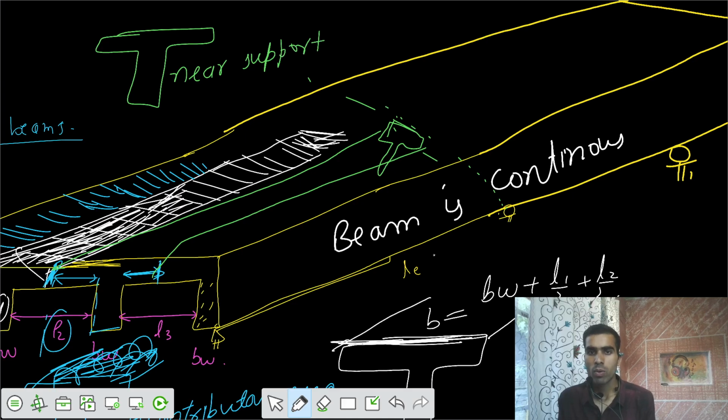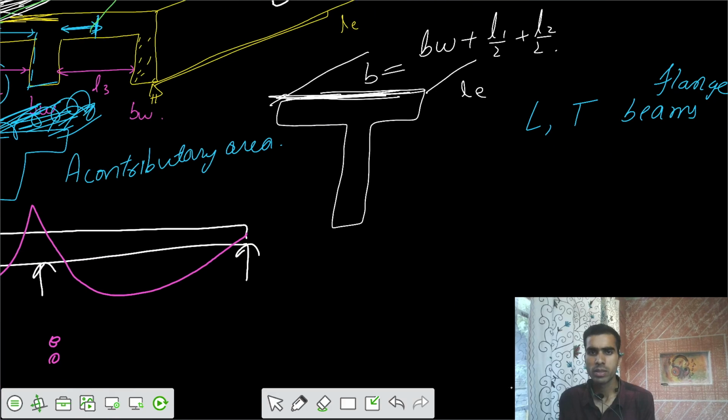And one more beam section near the midspan. Let's say this is the midspan. I am cutting the section and showing only one of the particular beams. It is near the midspan.